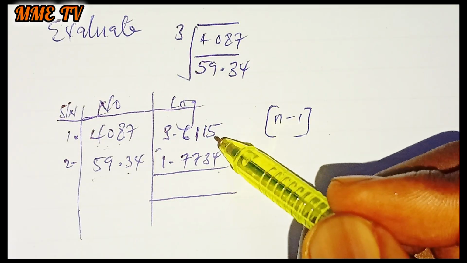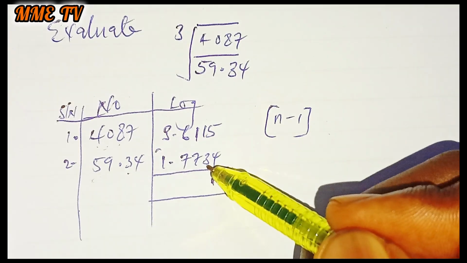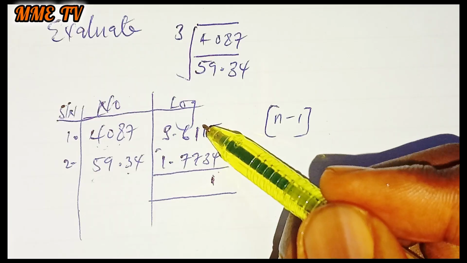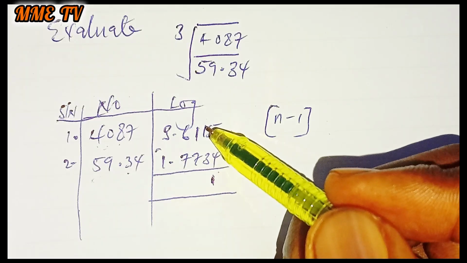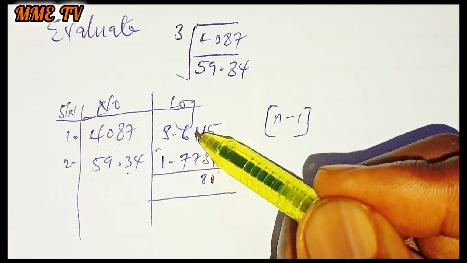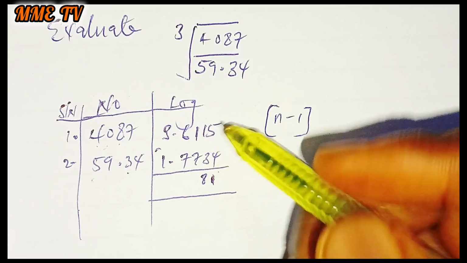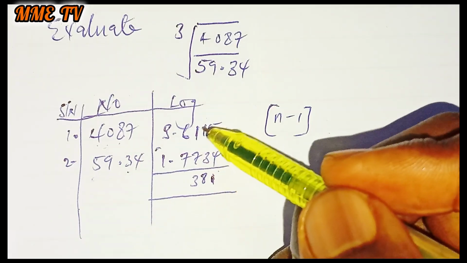Then 5 minus 4 is going to be 1, right? Then 1 minus this, I will take 1 over here to this place to make that 11. 11 minus 3 is 8. Then here is remaining 0 now, right? Then I'll take 1 again to here to make it 10. 10 minus 7 is 3.